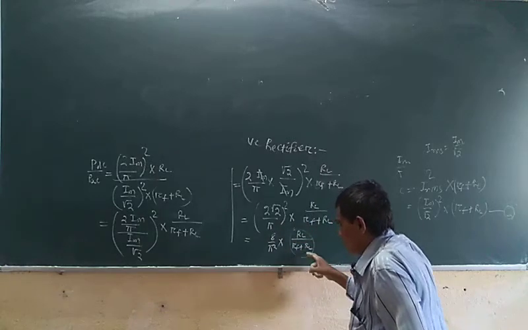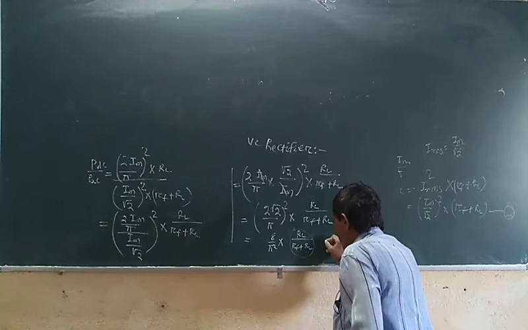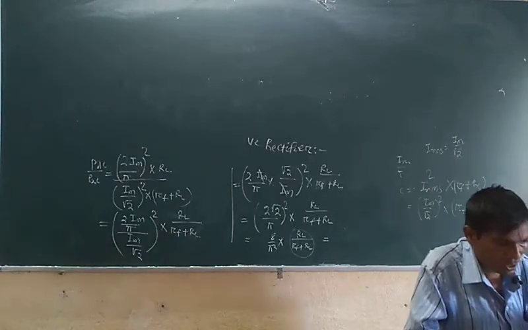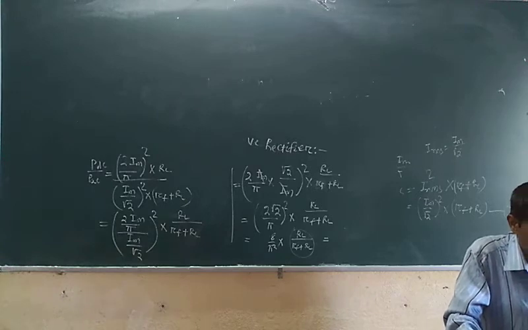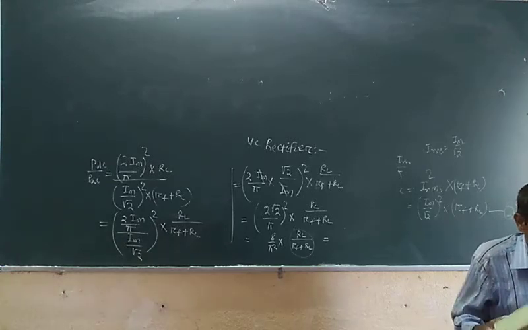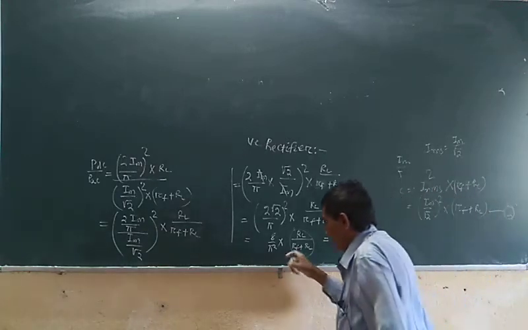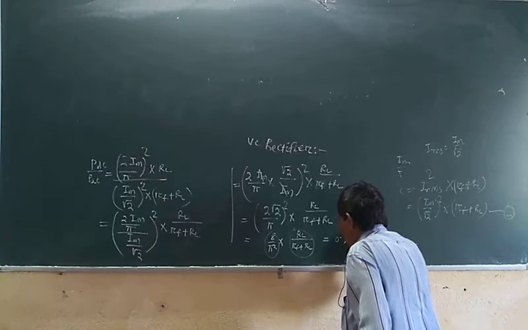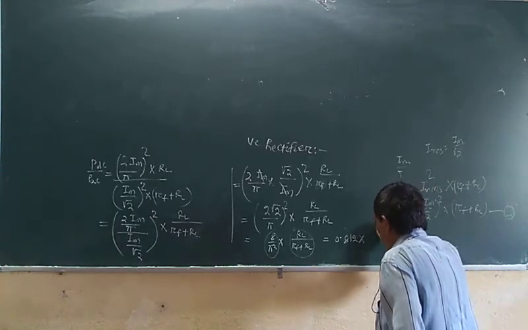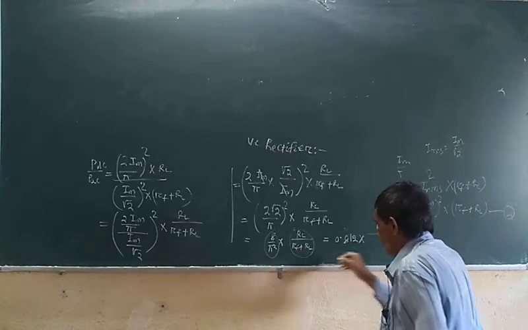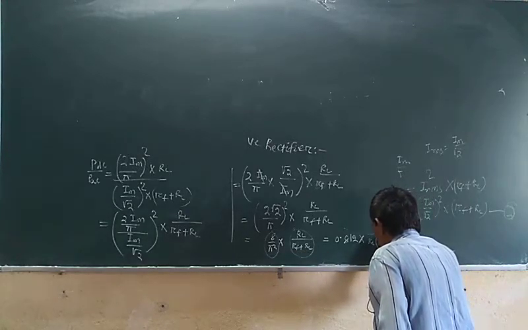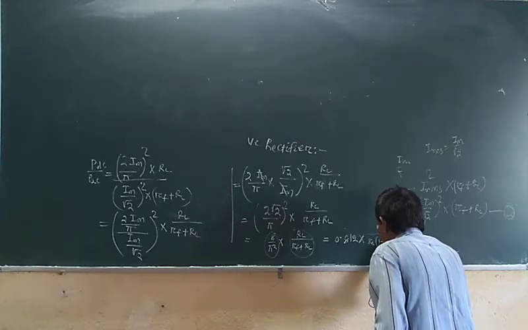Here in this term we can take RL common. 8 by pi square is 0.812, into RL divided by, taking RL common, 1 plus RF by RL.